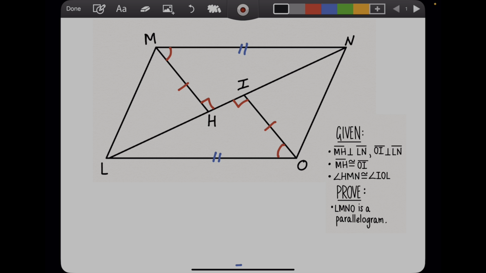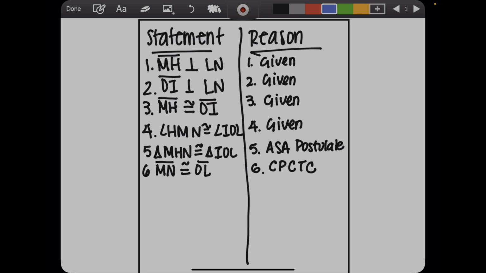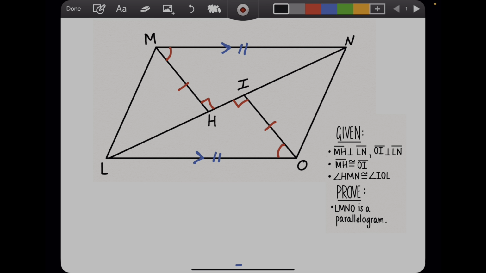Segment MN is parallel to segment LO because they have congruent interior angles, which is part of the given, which is angle HMN and angle IOL. So we actually just successfully proved that this quadrilateral is a parallelogram. So let's write that down.